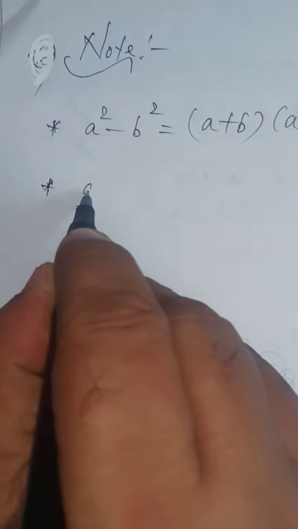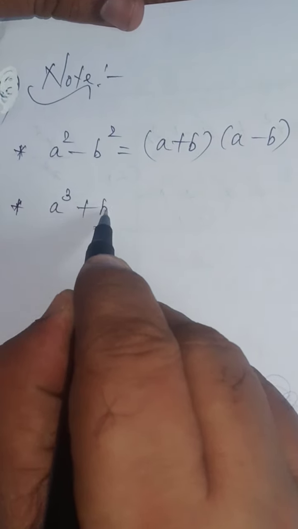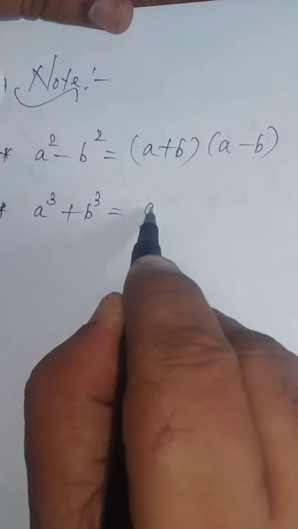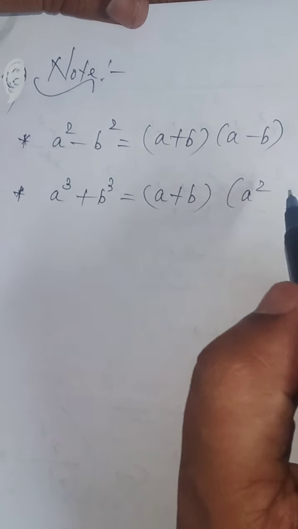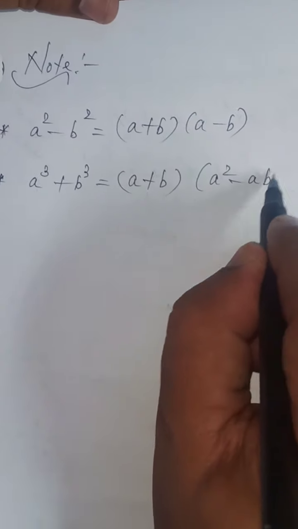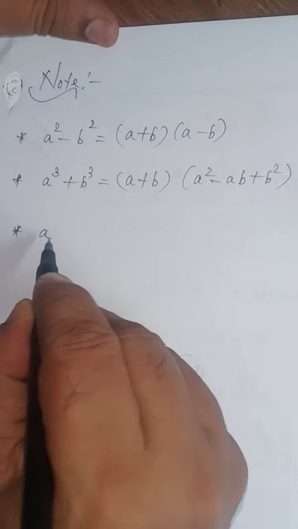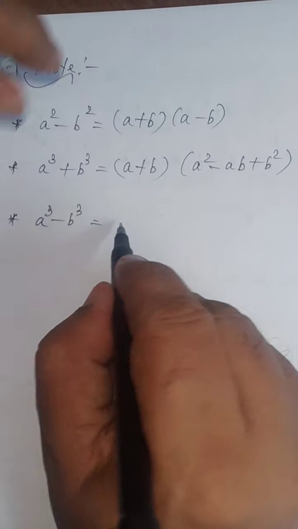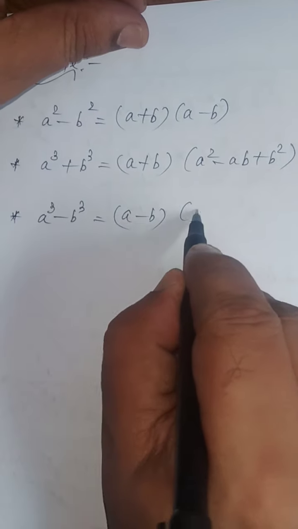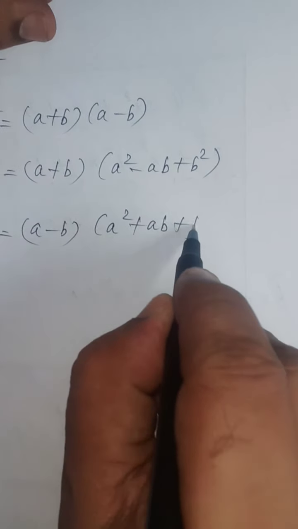Second one, a cube plus b cube, we have to apply this identity: a plus b into a squared minus ab plus b squared. a cube minus b cube is equal to a minus b into a squared plus ab plus b squared.